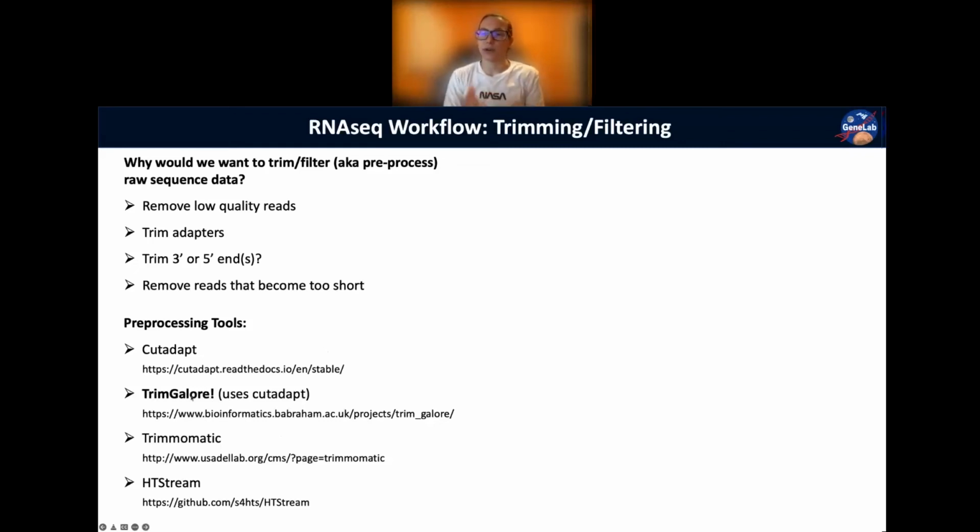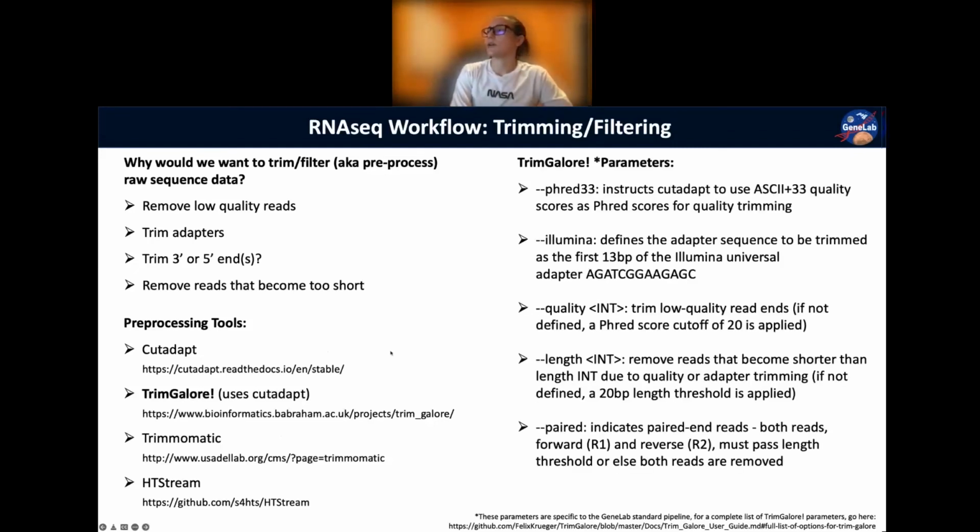You can even run FastQC directly with Trim Galore if you want to. BBDuk is another one, right, Rachel? Yeah, BBDuk and BBTools are also used quite frequently in metagenomics and amplicon work.